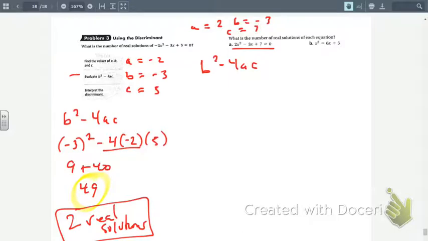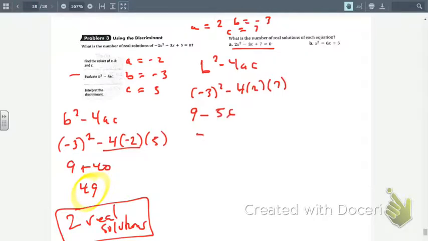So plug in. Negative 3 squared minus 4 times 2 times 7. So now we're going to get 9. A negative 4 times 2 is negative 8. Negative 8 times 7 is negative 56.